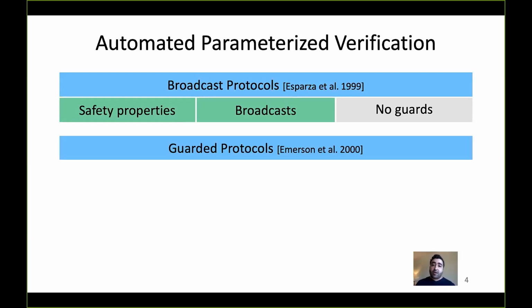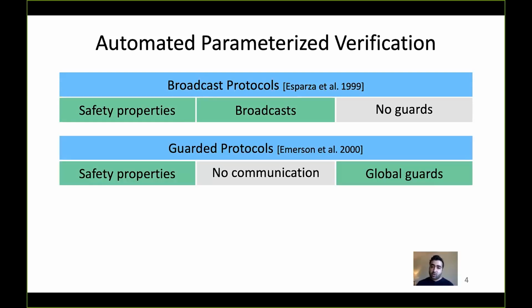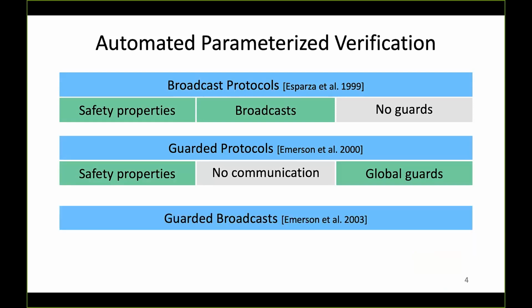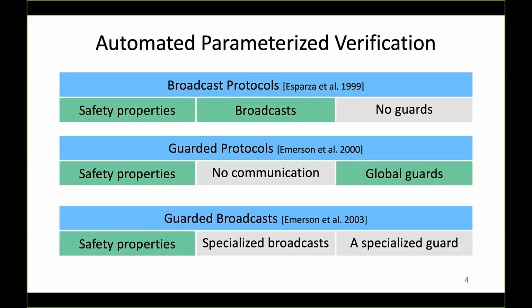Second, there are guarded protocols that also target safety properties. They allow for global guards. However, they do not allow processes to communicate, so processes just move internally. And lastly, there are guarded broadcasts that allow for safety properties and, in a very constrained way, merge broadcasts and guards by having one specialized guard and two specialized broadcasts.